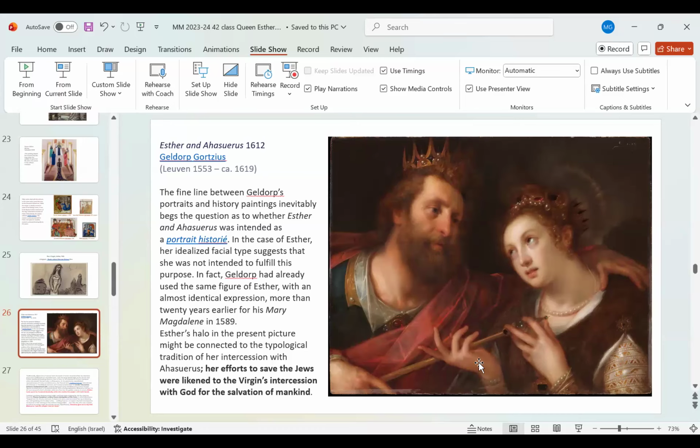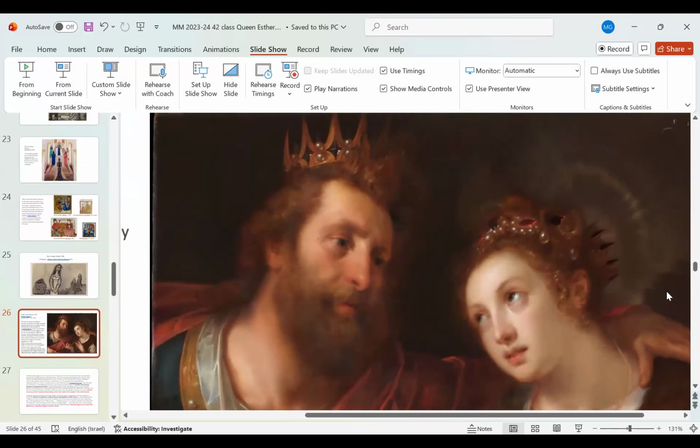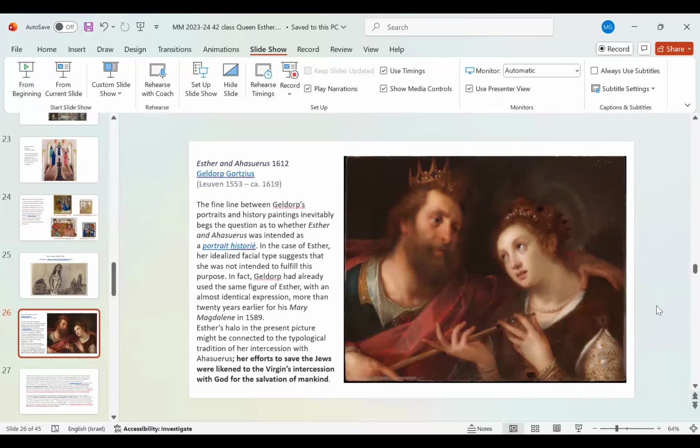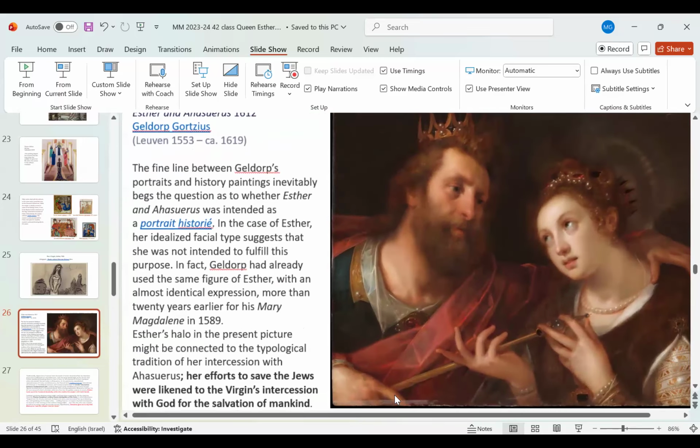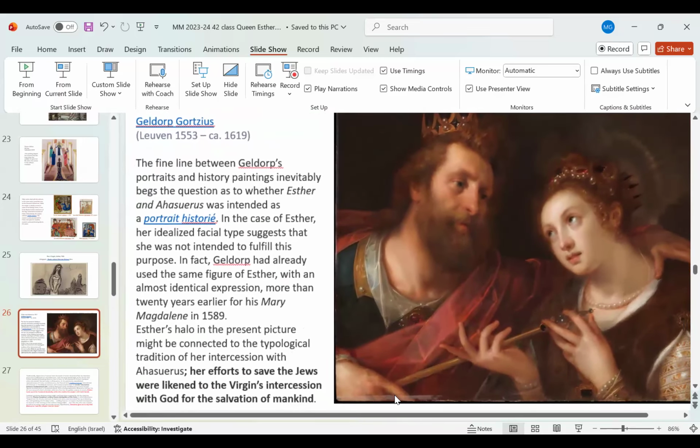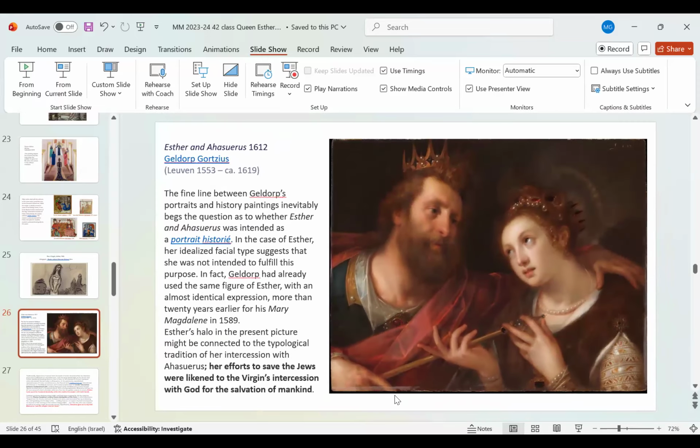And I thought this was interesting only because it's very Christian. You see the halo in the back? Yeah, there's a halo there. And the Christians like her because her efforts to save the Jews were likened to the Virgin's intercession with God for the salvation of mankind.